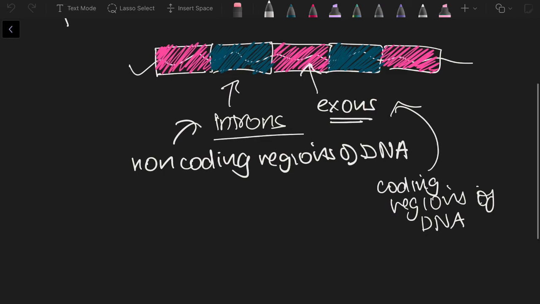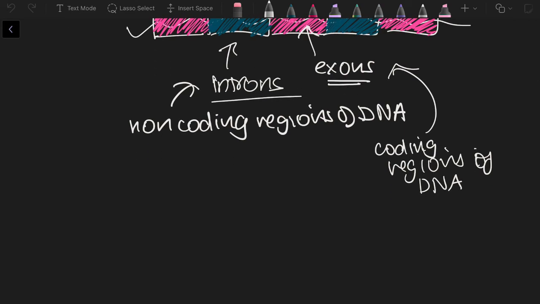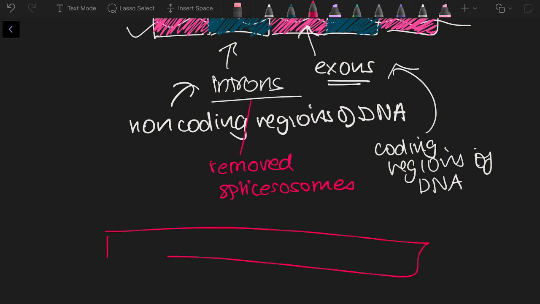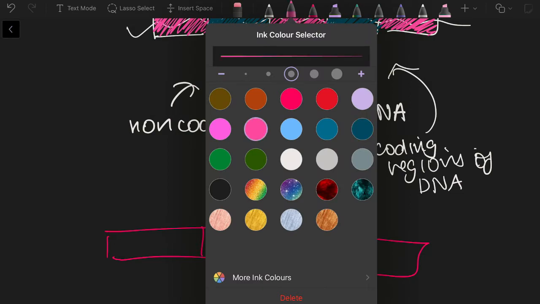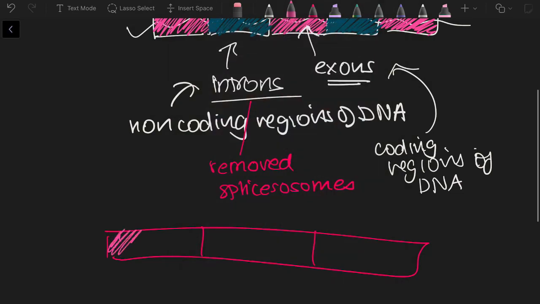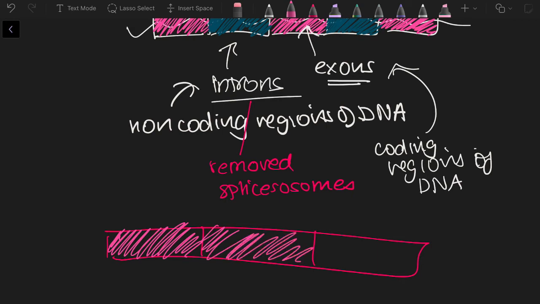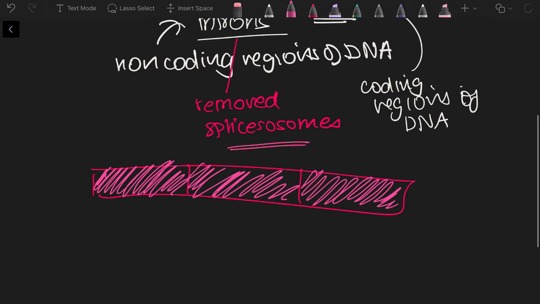Once this happens, the introns will be removed through something called spliceosomes. Once these introns are removed, all you will have is your combination of exons. These exons will then be spliced together, joined together by the same spliceosome.